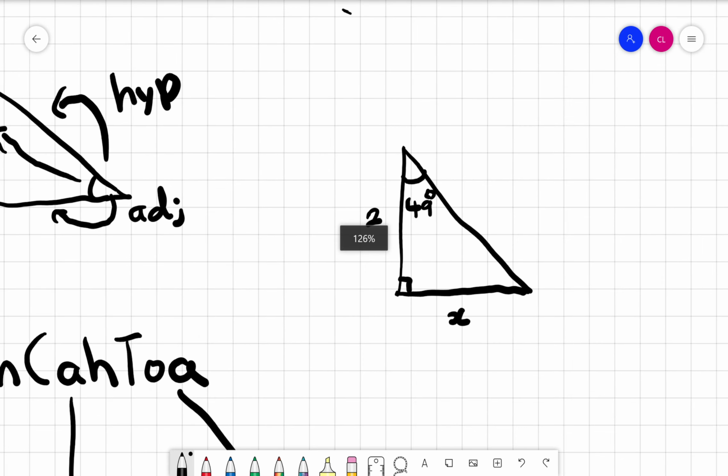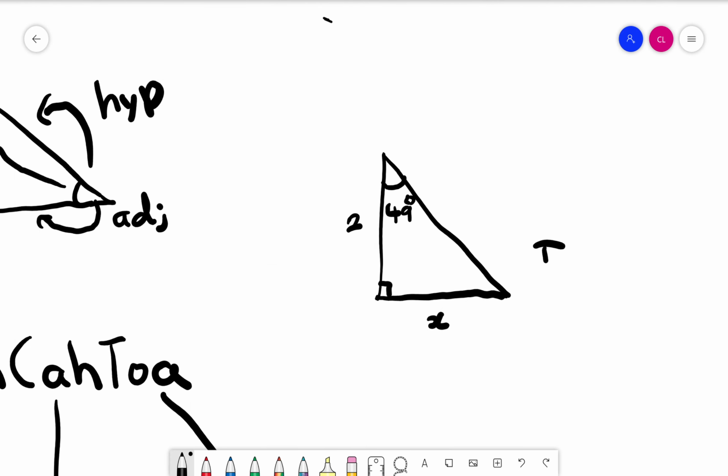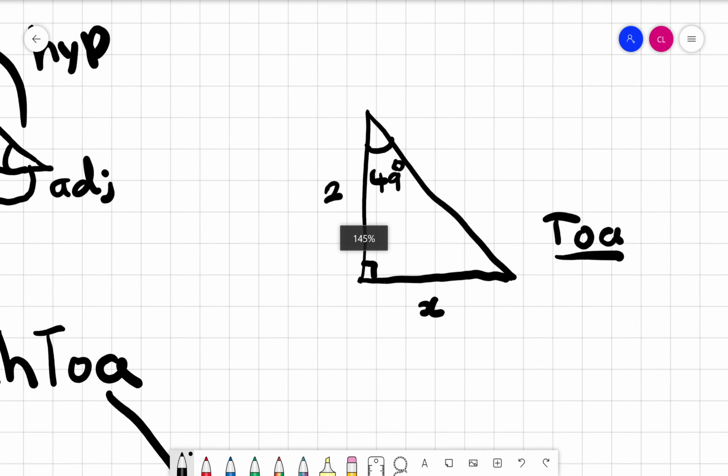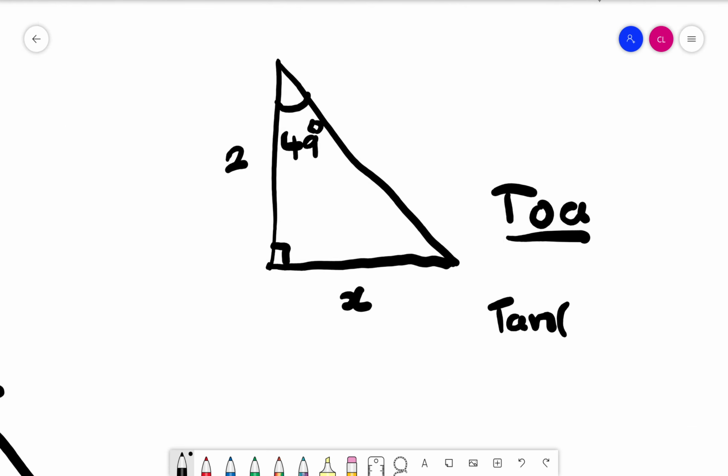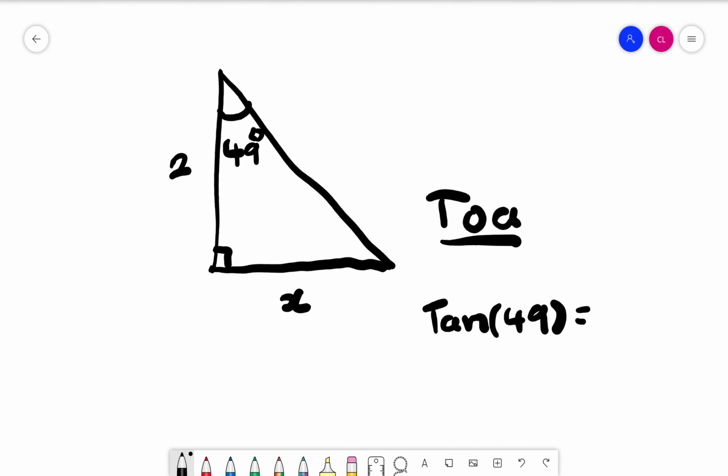Well, remember, you use this, which gives you tan 49 equals, because as you see, O and A, so opposite over adjacent, x over 2.